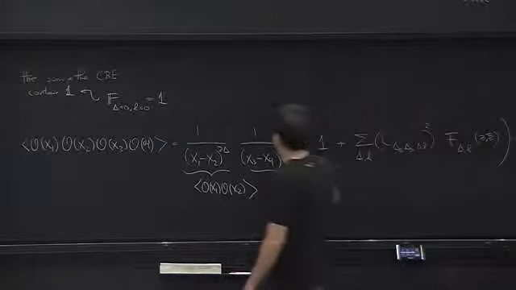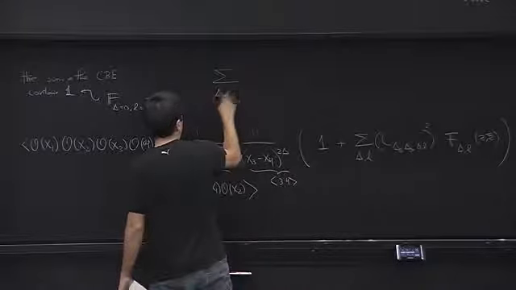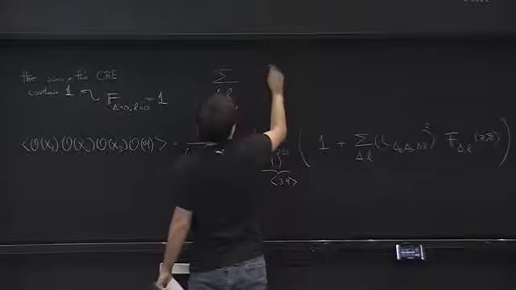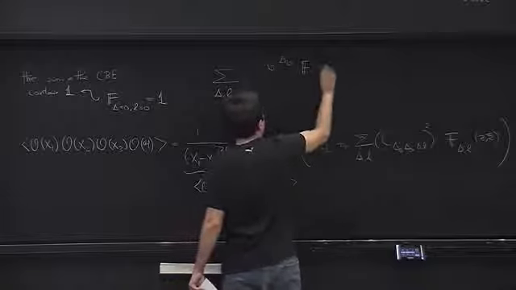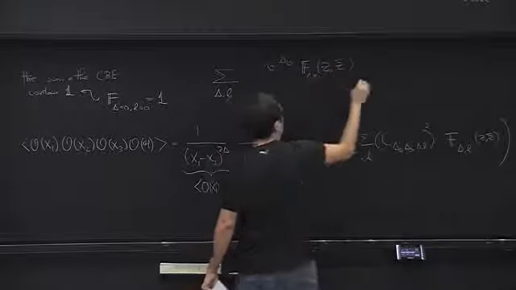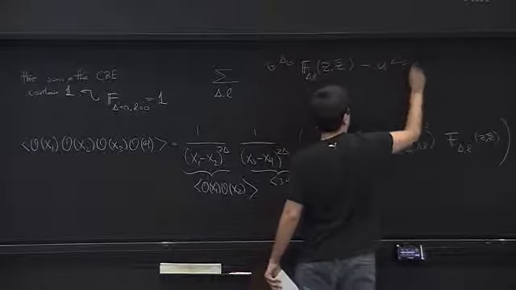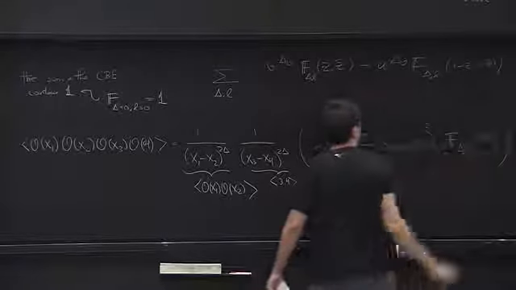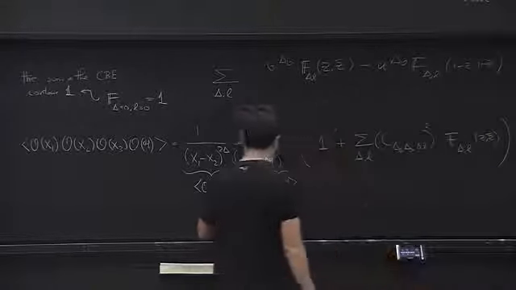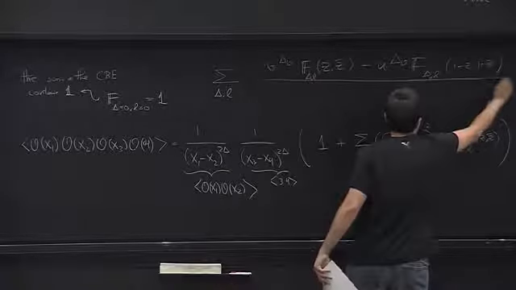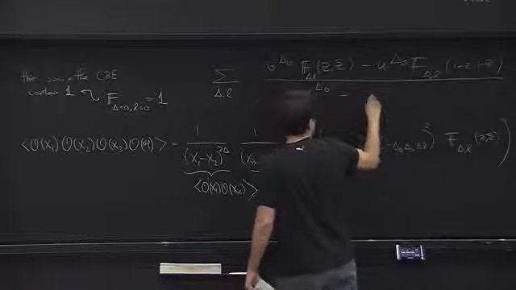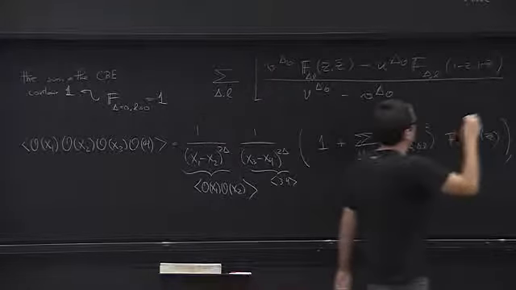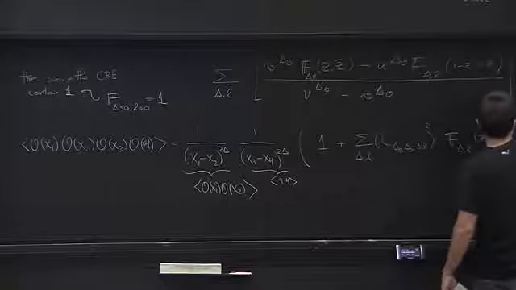So then it implies the following equation, that the sum, now not including the identity, of V to the delta O times F of Z bar, delta and l, minus U to the delta O times F delta l, 1 minus Z, 1 minus Z bar, divided by U to the delta O minus V to the delta O. And all this is known. All this times this structure constant squared.